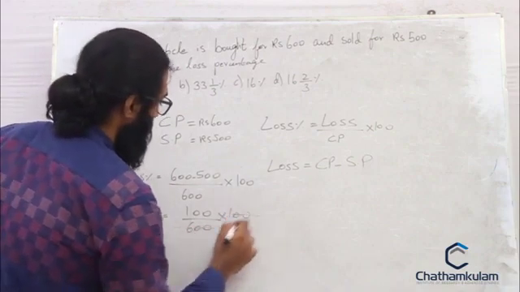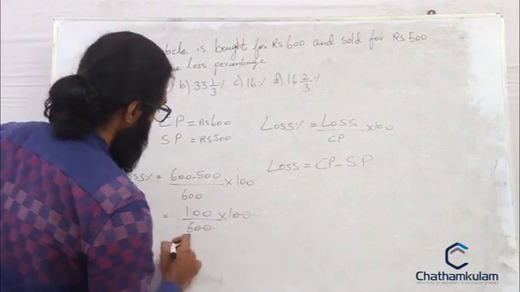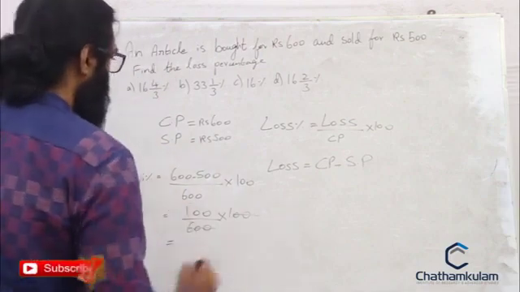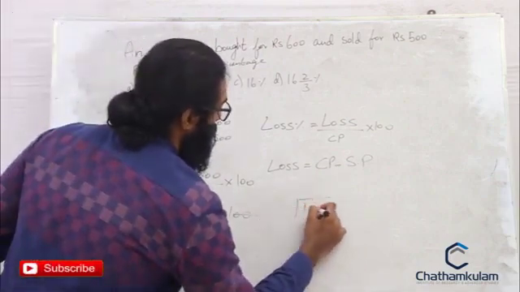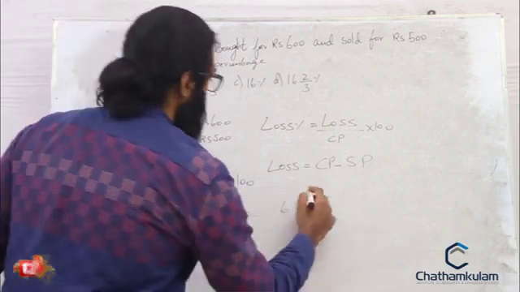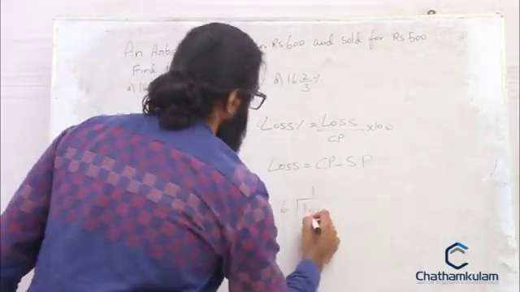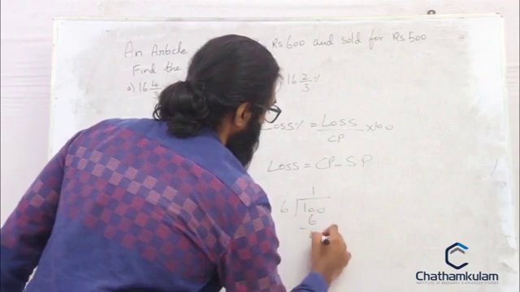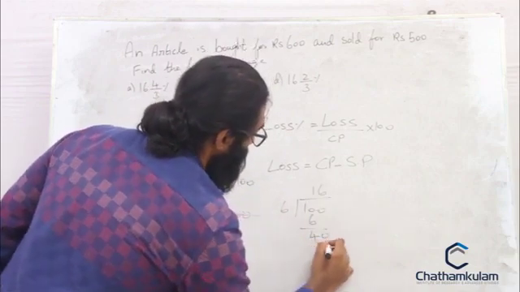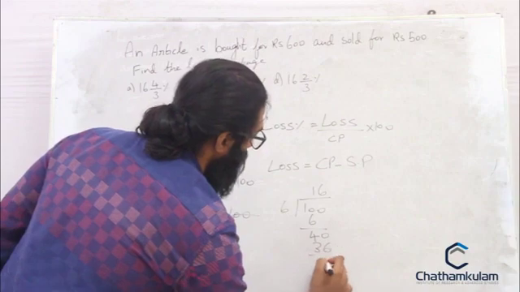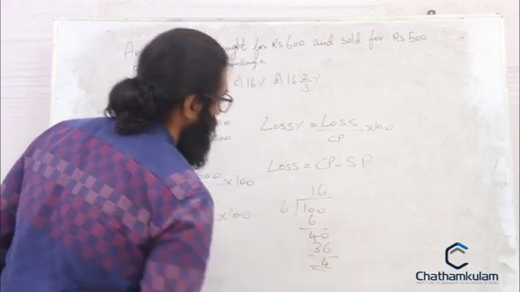0 and 0 here get cancelled. 100 by 6, we can write this as 100 divided by 6 is equal to 16, and the remainder 4. Right.